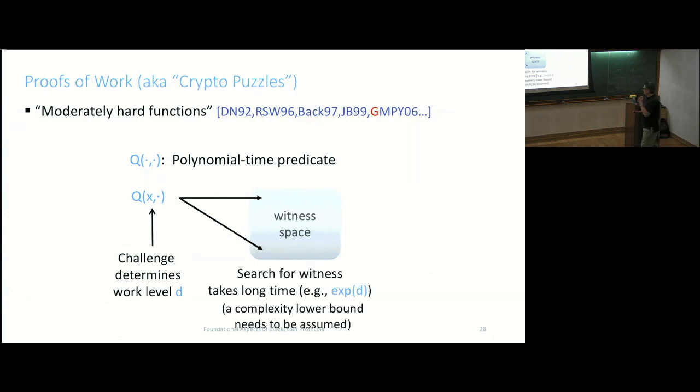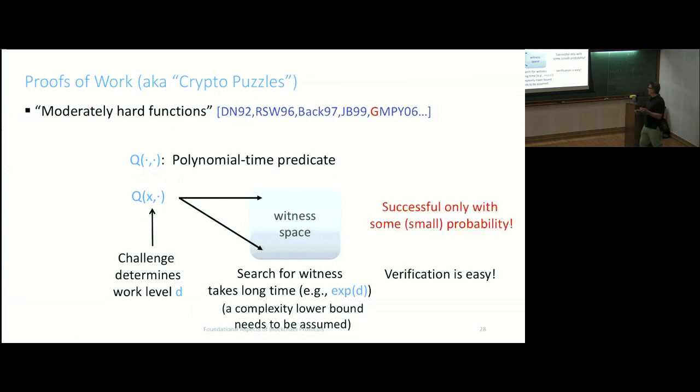Typically you would like this to take a long time, and you would assume there's a lower bound. Importantly, once you've found the witness, verification is very easy. And you don't always get a solution, because you might do work but only succeed with small probability, which is important for this whole thing to work.